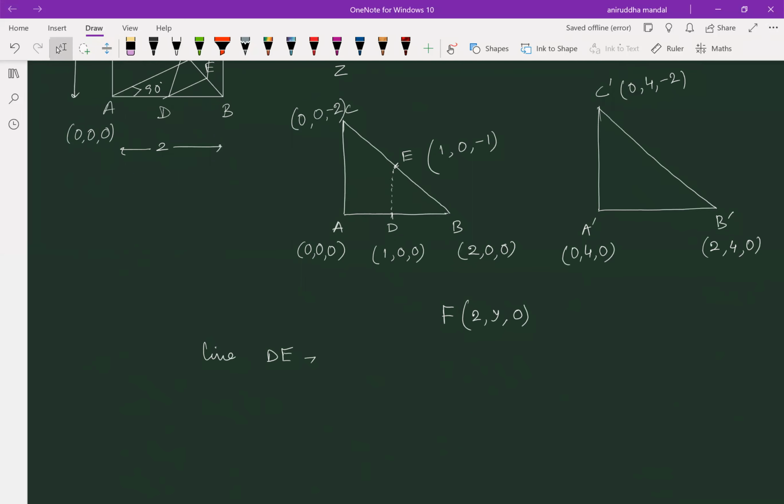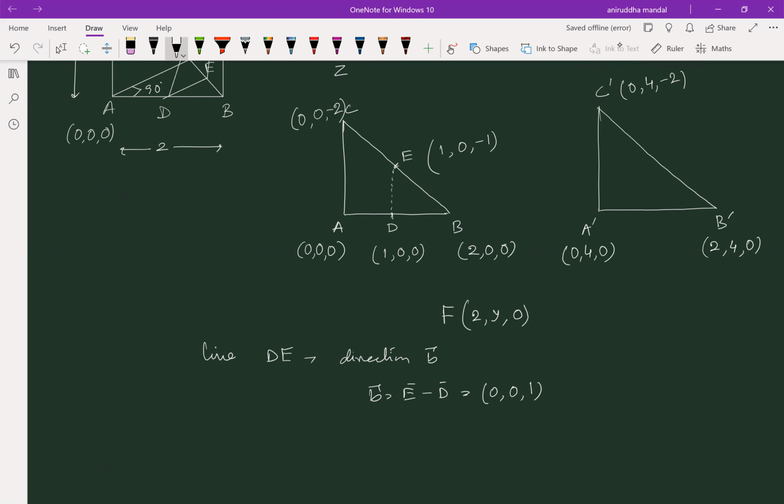Its direction vector, we assume the direction vector of the line DE is B vector. So B vector is E vector minus D position vector. So E vector means 0 0 1.